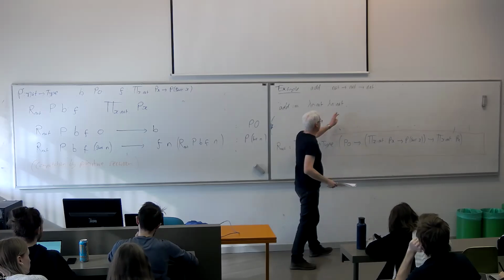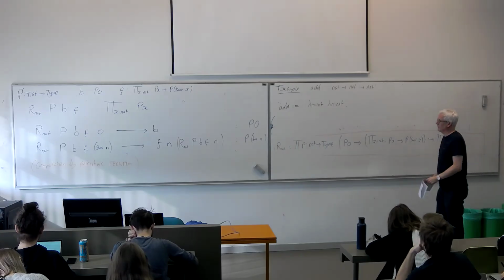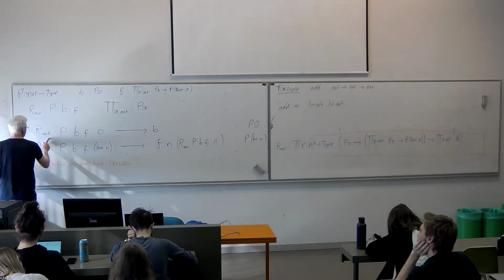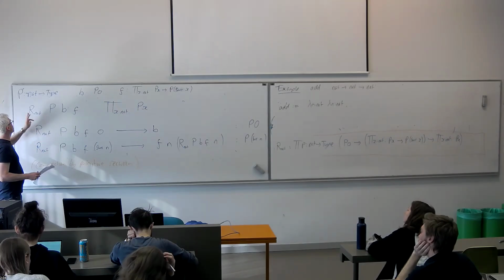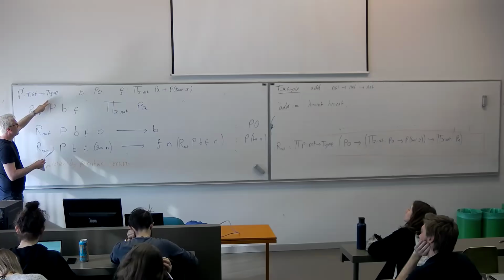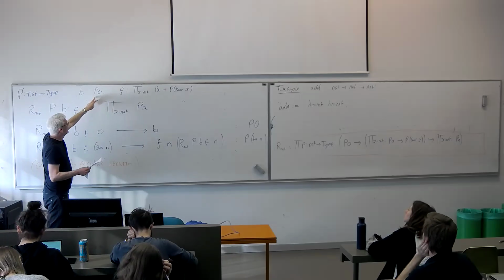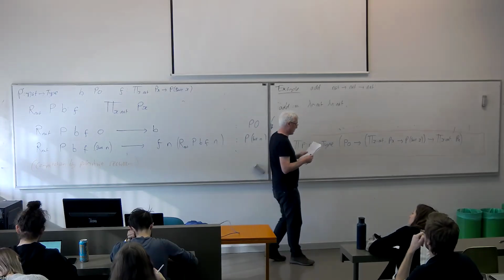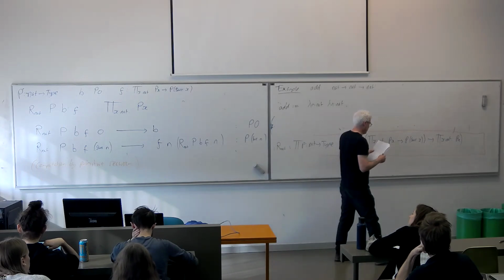And now we need to give something that says how we add m and n together. The point is to use the recursor, and for the recursor, we need to give a family of types, and we need to give a starting value, and a way of iterating it in such a way that it's going to work out the addition.